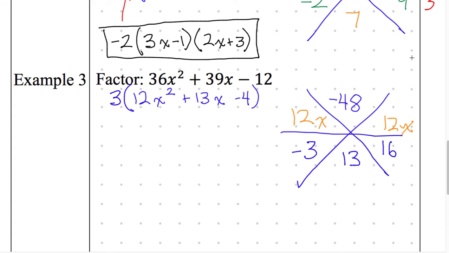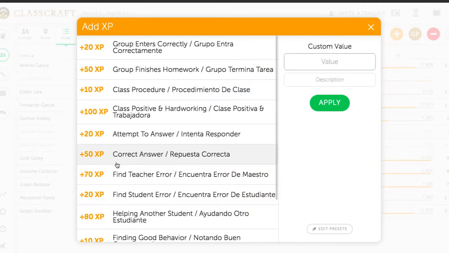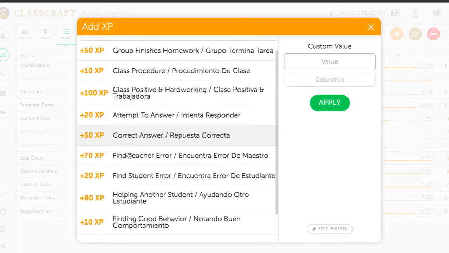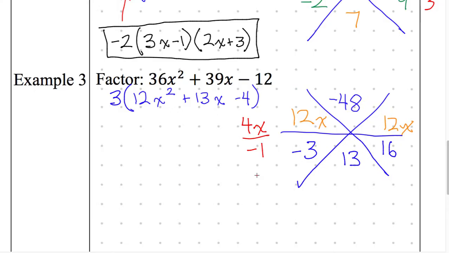All right, quickly reduce the fraction on the left. First one gets XP. Go for Monse. 4x and negative 1. Thank you, Monse. And on the right.